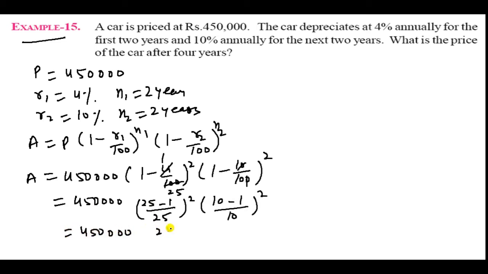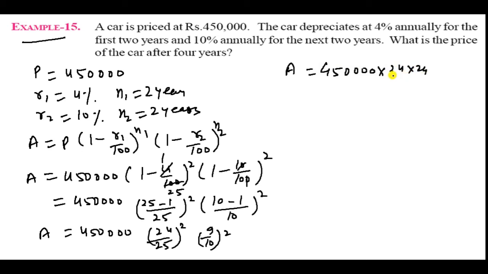So it is 450,000. Here 4 ones are 4, 4 twos are 8, 4 fives are 20. So taking the LCM, it is 25. It is 25 minus 1 and whole power is 2. Here 0 will be cancelled and taking their LCM, it is 10 minus 1 and whole power is 2. So it is 450,000 and it is 24 upon 25 and whole power is 2. Here is 9 upon 10 whole power is 2.